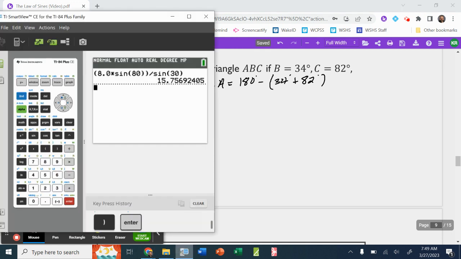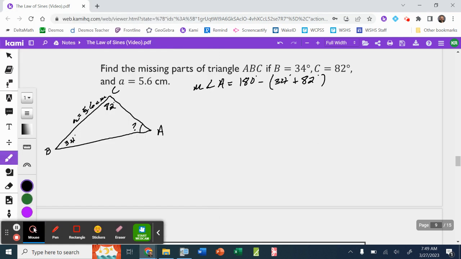But if you're not sure, just go to your calculator. 180 minus the sum of 34 and 82. And it tells us that angle A should be equal to 64 degrees. So there's our first missing piece.